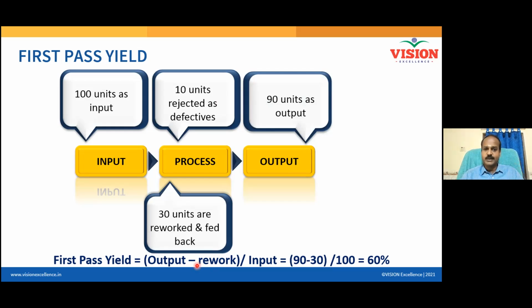You are doing rework because a failure has happened. Am I right? Yes, sir. You need to understand the failure. You need to recognize the failure and accept the failure. So I reduce the rework. So rework is 30. So 90 actual output minus 30, the result is 60%. What is the 60%? First pass yield.